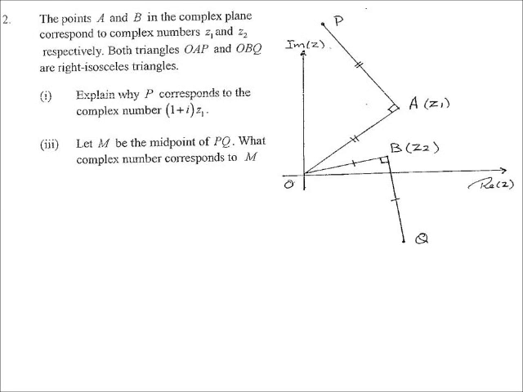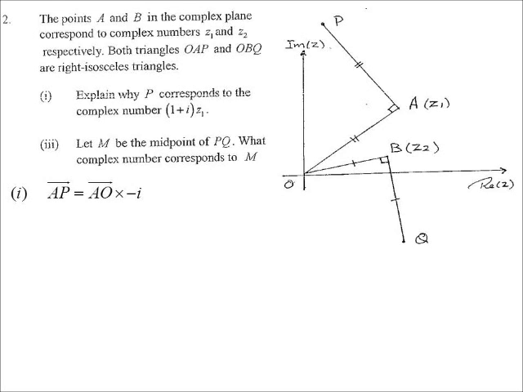Explain why P corresponds to the complex number 1 plus i times Z1. Well, hey, doing maths is an explanation anyway. I'm a bit like you too. If I can do maths, I'll do maths. So here's my explanation. The vector AP would be the vector AO multiplied by minus i, because notice the rotation is clockwise rather than anti-clockwise.